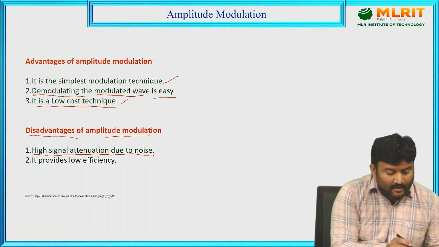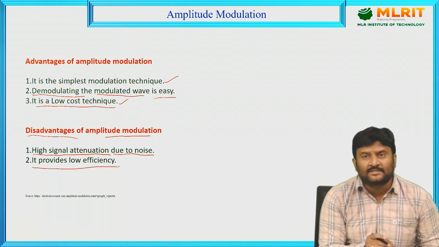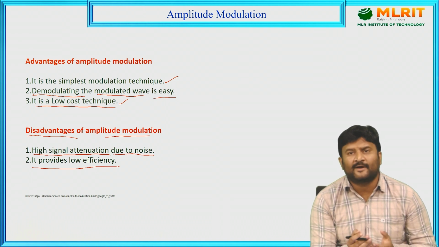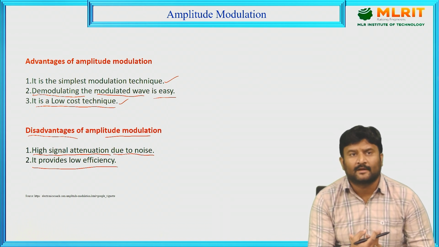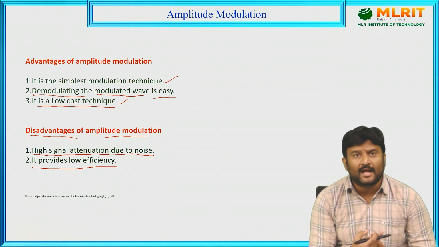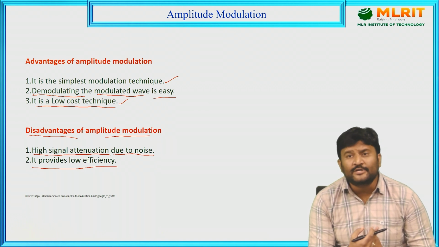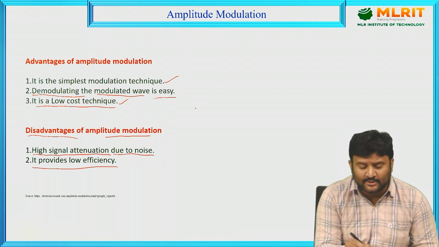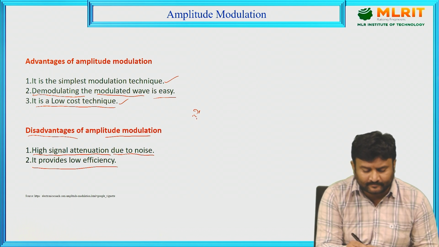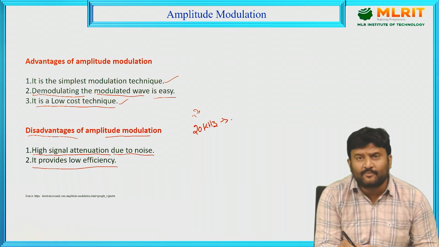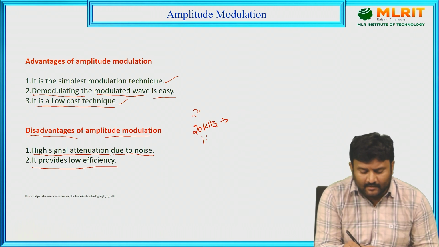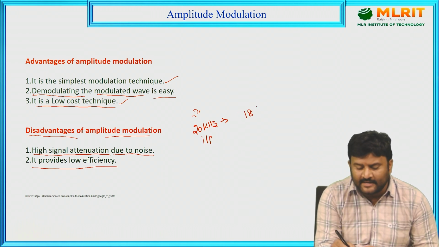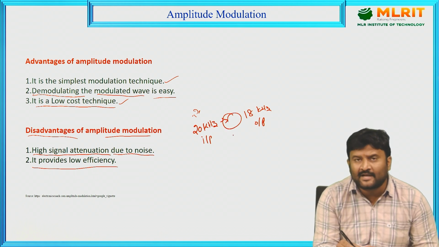Next one, it provides low efficiency, because the first point is related here. What is that? Attenuation. Attenuation means it is a loss. For example, if I apply a 20 kHz signal to the input side, but we are getting an output of 18 kHz only. How much signal are we losing here? 2 kHz.